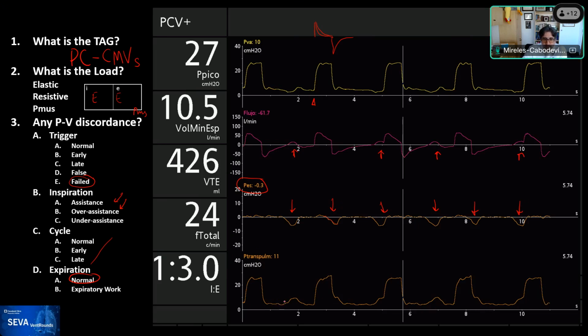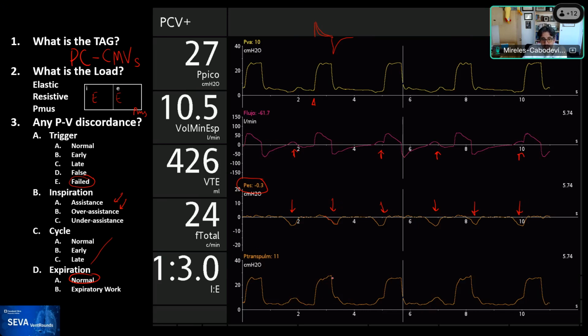And then you see here the effort from the patient, and this is a negative effort. So remember, the pressure inside the airway, which here is positive, minus the negative pressure here. So minus minus gives you a positive pressure. So that's why you see this as a positive right here.